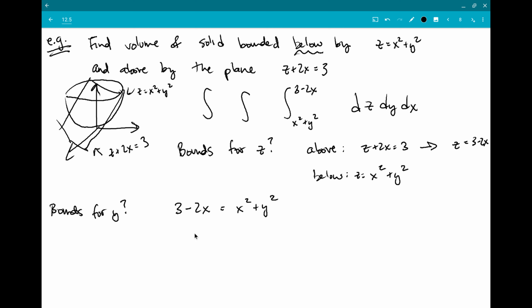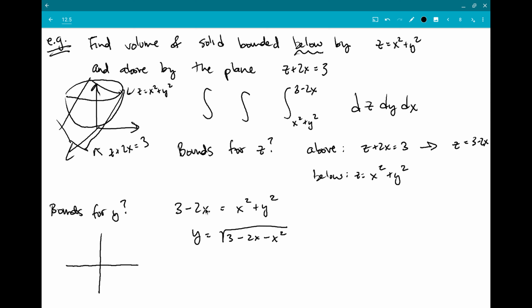So I could go ahead and say, okay, that happens when y is the square root of 3 minus 2x minus x squared. And that for sure is something that I don't want to plot, but I will just because. This is going to be a circle because it has x squared plus y squared in it.